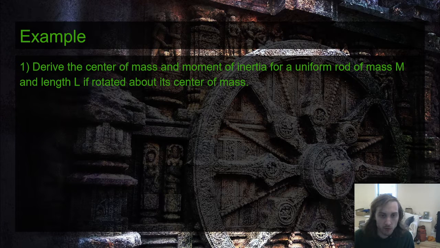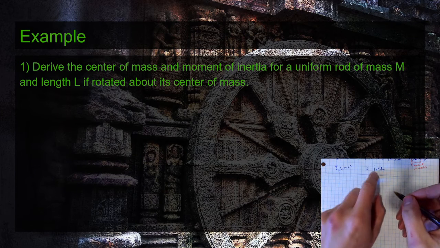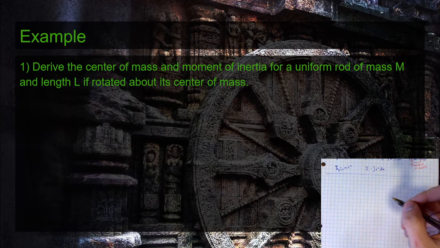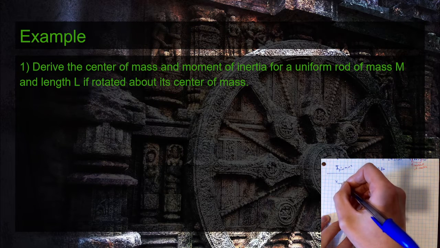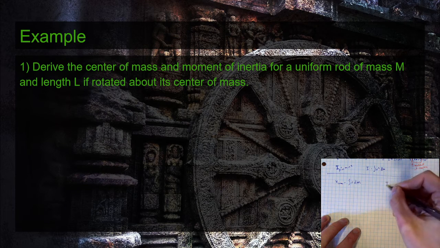But still, let's go through it to see how there are slight differences between this and the integral of r dm. So r squared dm versus r dm, because that's sort of our last thing we were doing. For our center of mass, that'll be the integral of r dm. And for a moment of inertia, that'll be the integral of r squared dm.